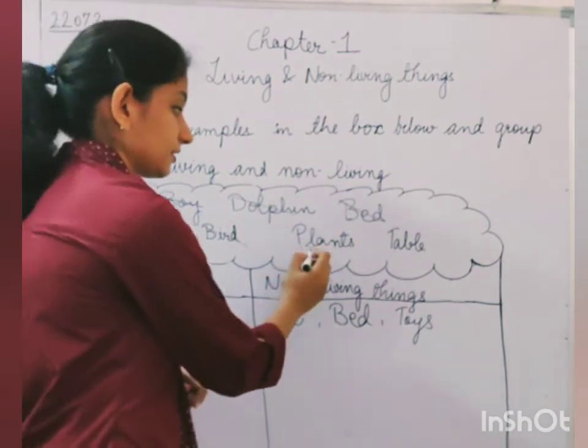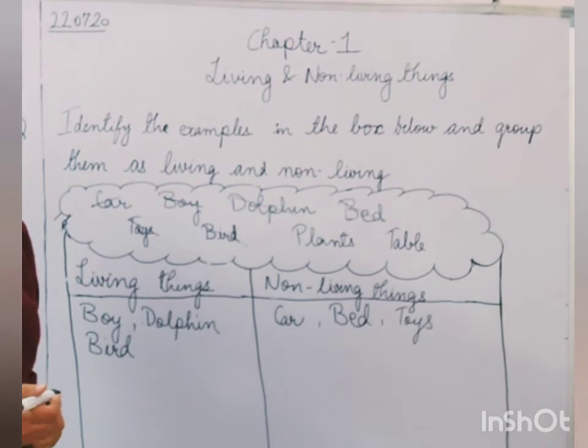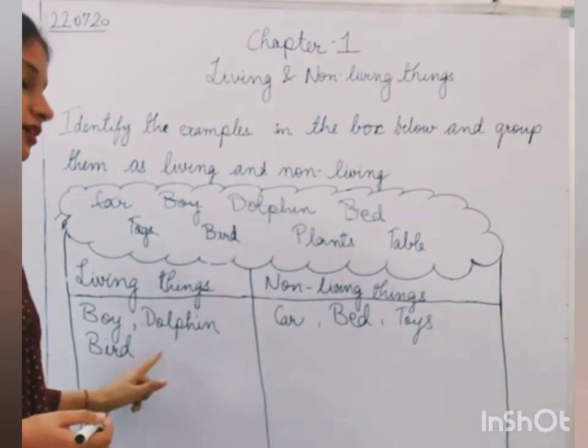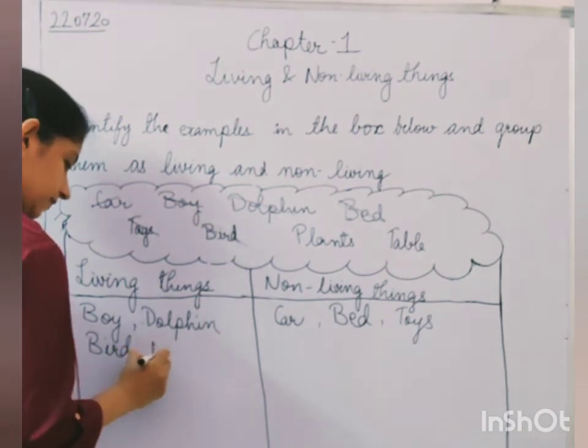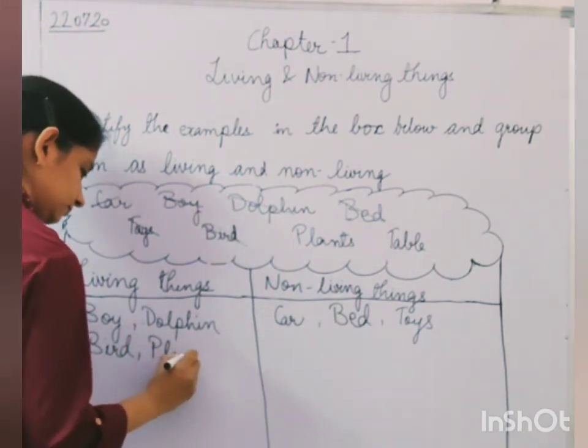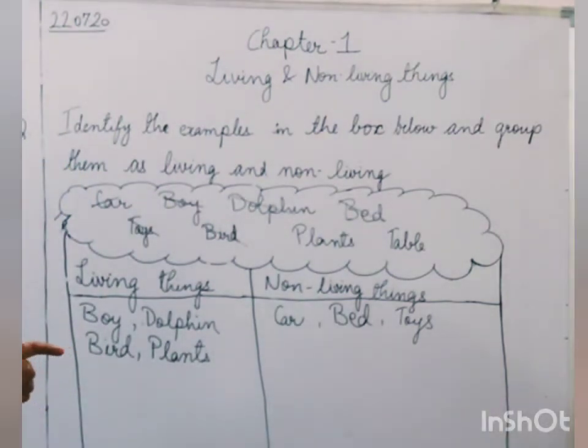Next, plants. Now plants are living or non-living? Plants, children, are living things. Why?